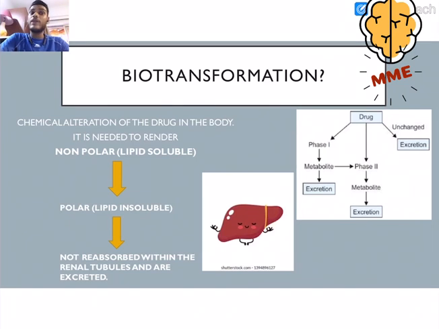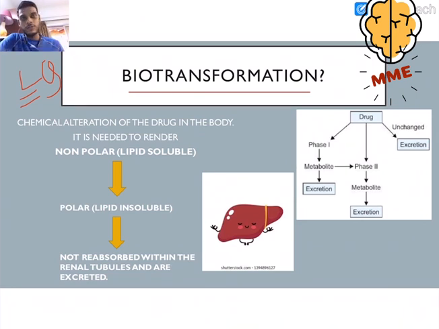Okay, now we come to a very important portion in pharmacokinetics, and that is biotransformation. Now this is a long question, candidate, my friend. So hear very carefully. How do we define biotransformation? Biotransformation is the chemical alteration of the drug within our body. Okay, and what does it do?